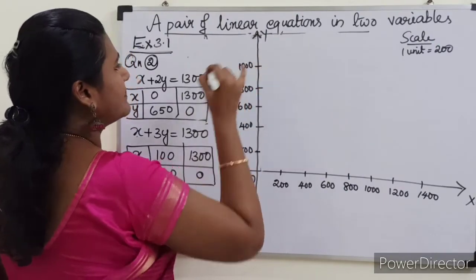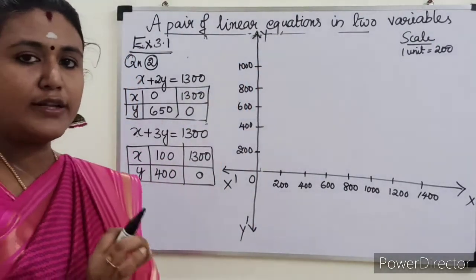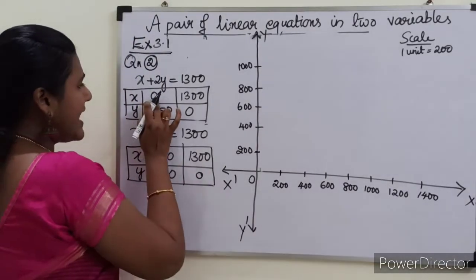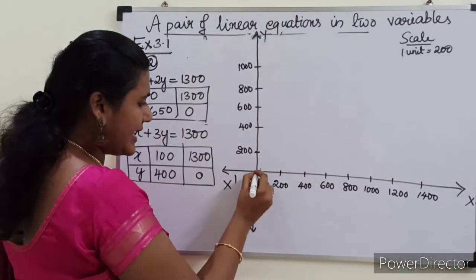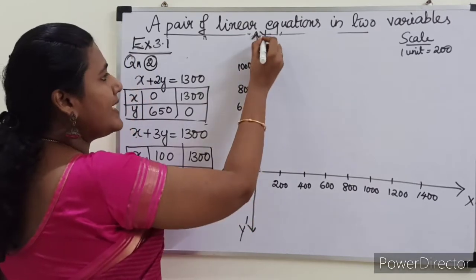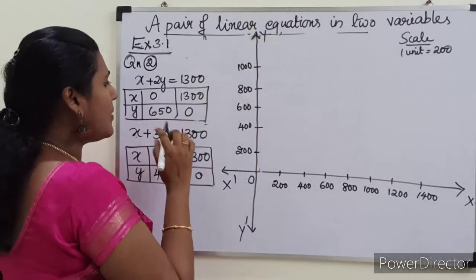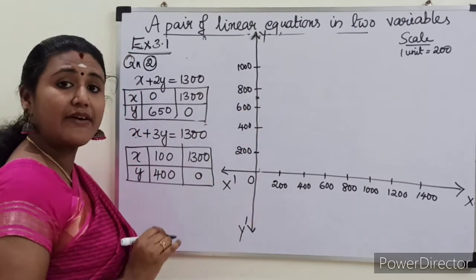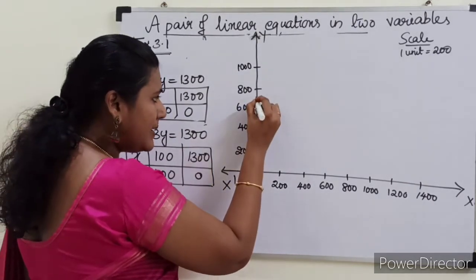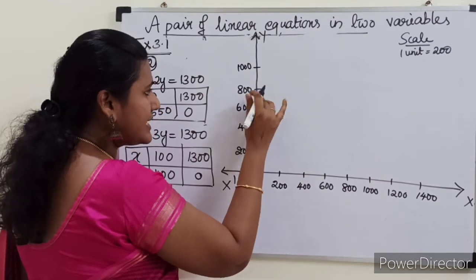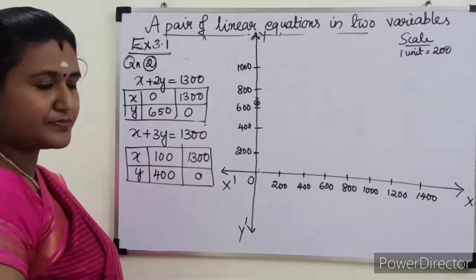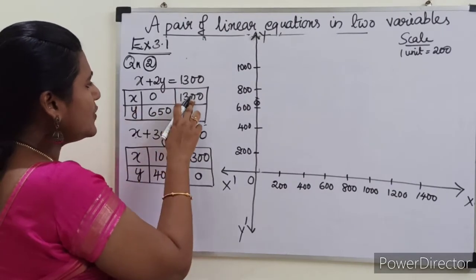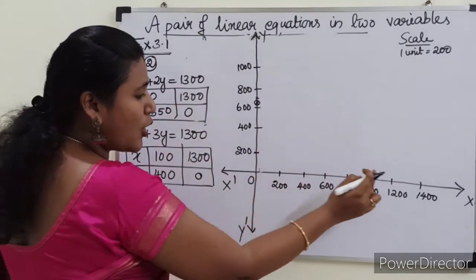1000. Now we are going to plot the points. First we will plot the solutions of the first equation. x is 0, y is 650. Where will you mark 650? Actually, this middle point will be 700, so the in-between value, this point, is actually 650. Now this is the first solution. Then the second solution, x is 1300.